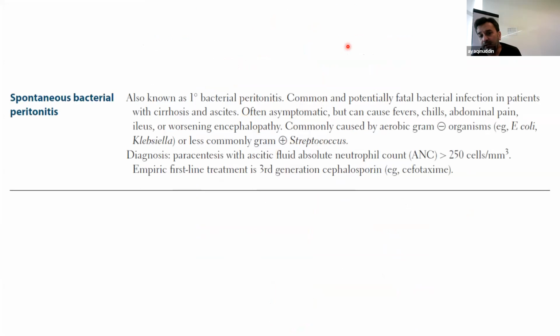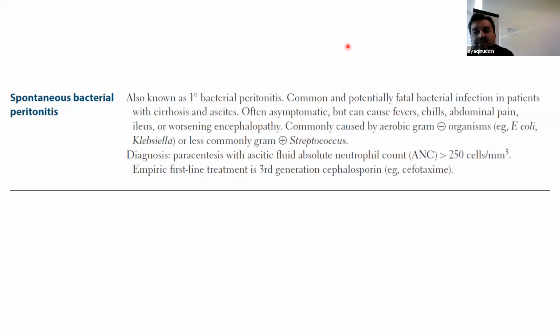You may also end up with spontaneous bacterial peritonitis, which is known as primary bacterial peritonitis, a common and potentially fatal bacterial infection in patients with cirrhosis and ascites. Often it is asymptomatic, but can cause fevers, chills, abdominal pain, ileus, or worsening encephalopathy.